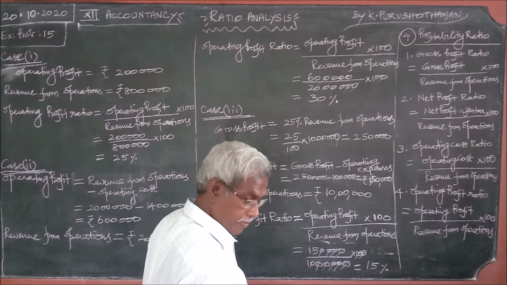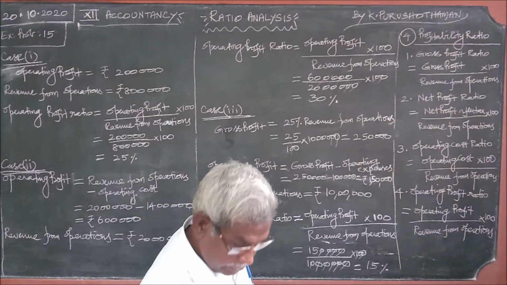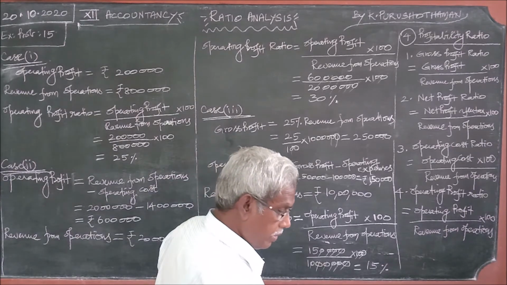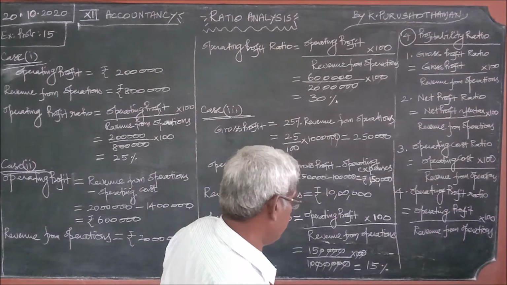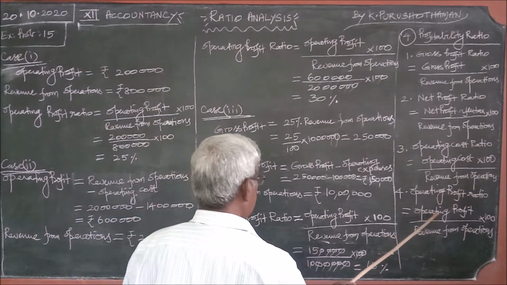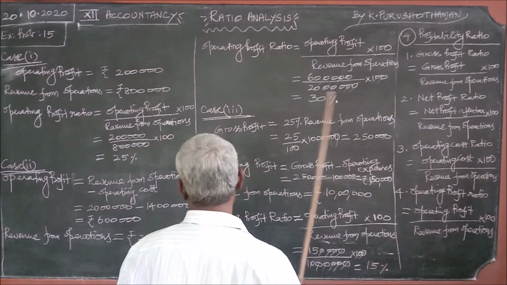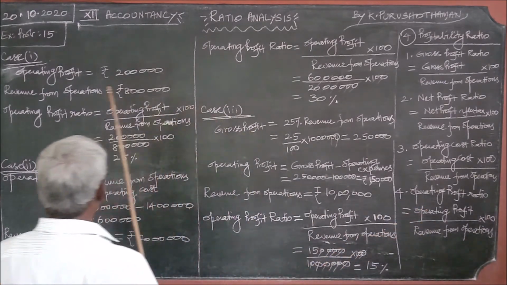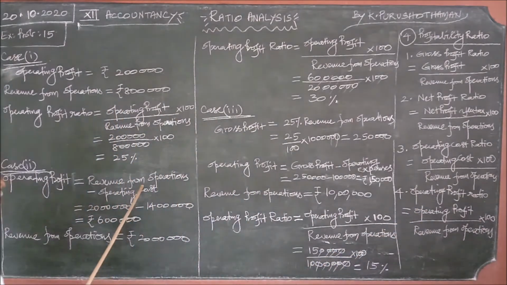So the operating profit ratio with respect to revenue from operations is 15%. So you should find the difference. You know the formula. Operating profit ratio is operating profit by revenue from operations. In case 1, both the values are given straight away, either substituted and found. In case 2, the operating profit is not given, instead operating cost is given.